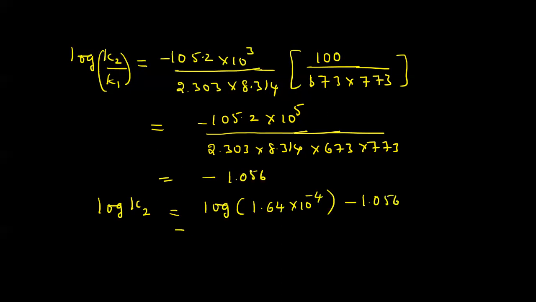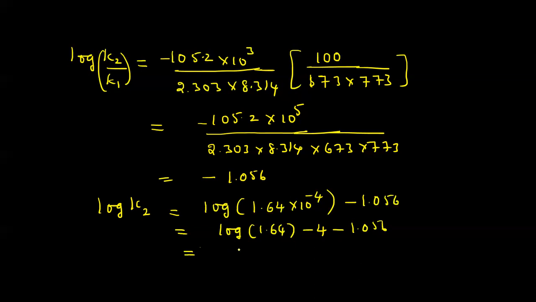Upon expansion, using the log AB formula, it is log 1.64 minus 4 log 10, which is 1, minus 1.056.